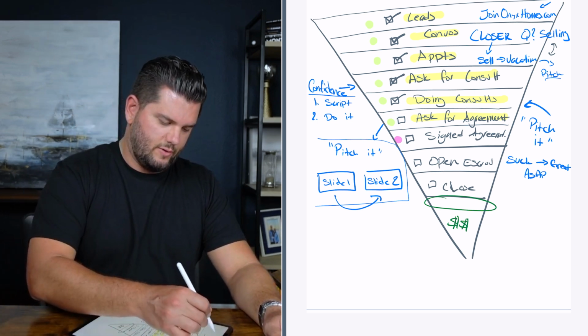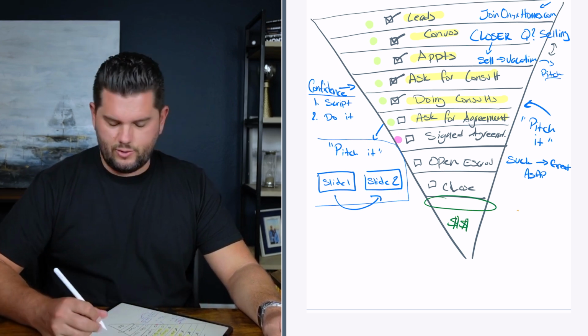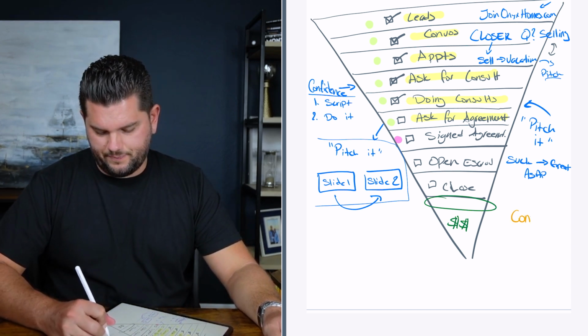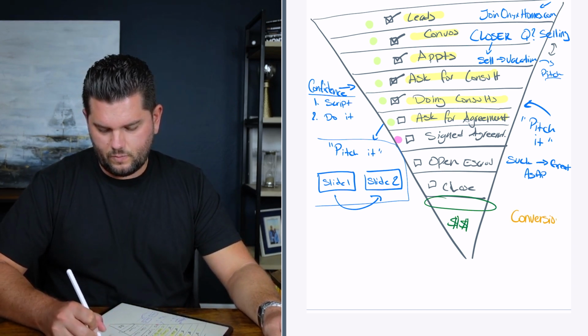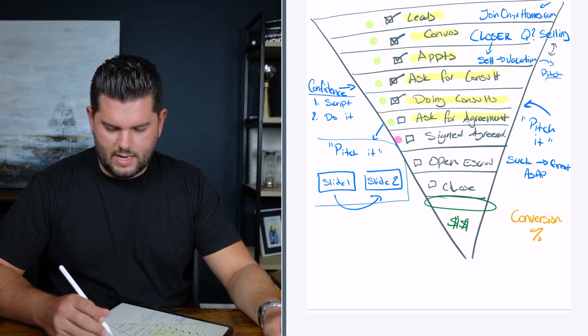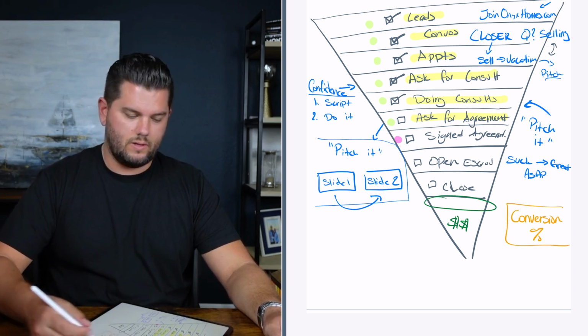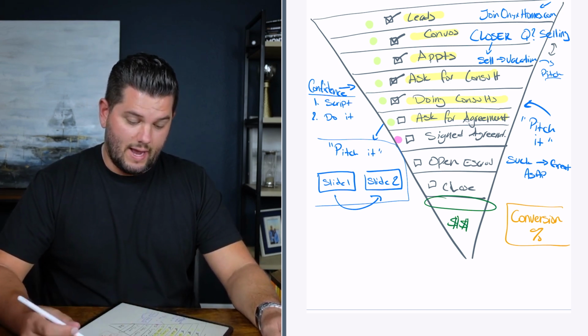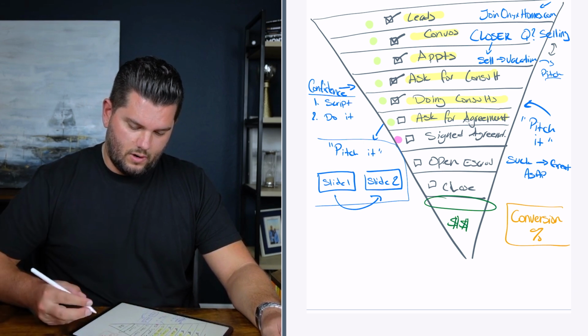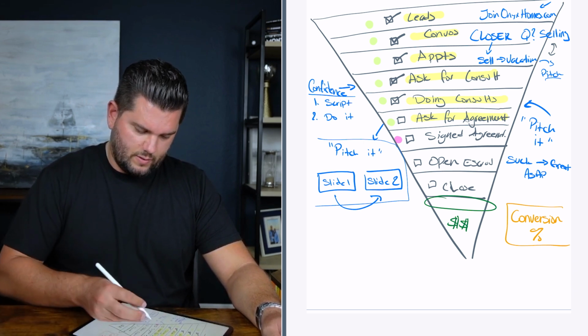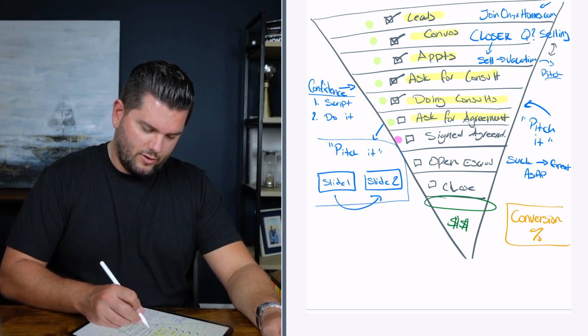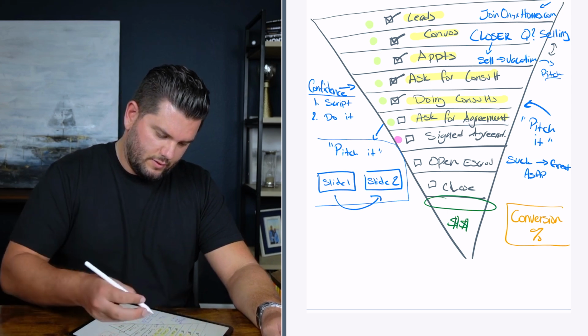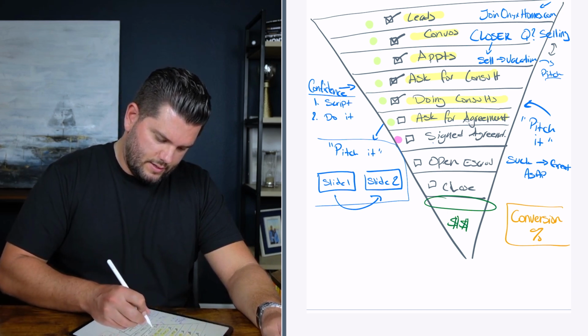Because here's the other reality: you want to know your conversion percentages, and not just how many leads to a closed deal, but everywhere down this list, you can say how many. So I can tell you, this is on getting agreements signed. Let's move the blue down here.